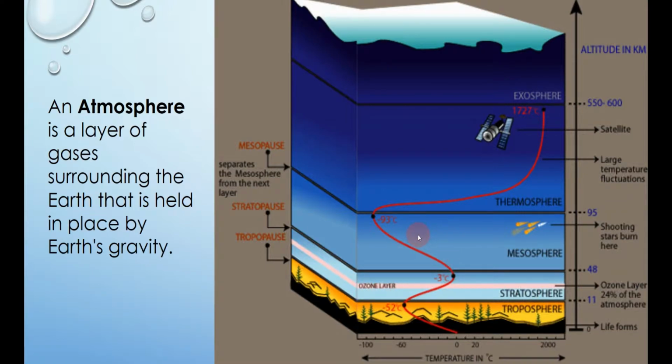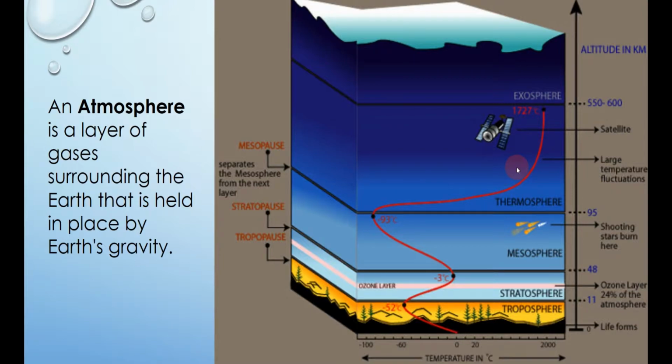Next one is the mesosphere, where the mesosphere reaches up to negative 90 degrees Celsius in temperature. And dito na rin sa layer na to, the shooting stars are burned here. Above the mesosphere is the thermosphere.